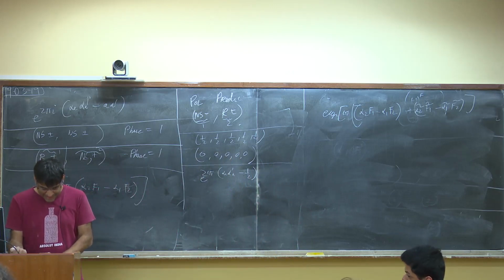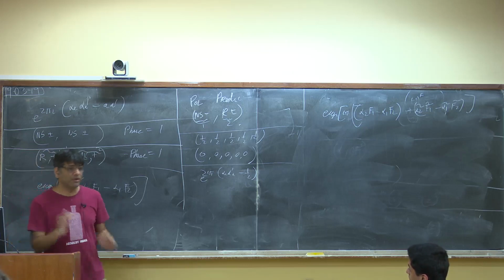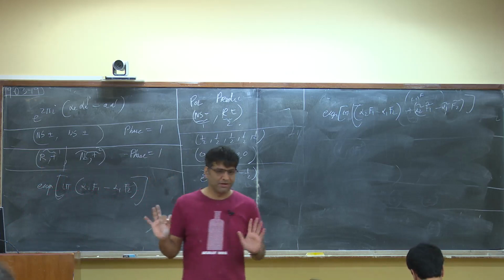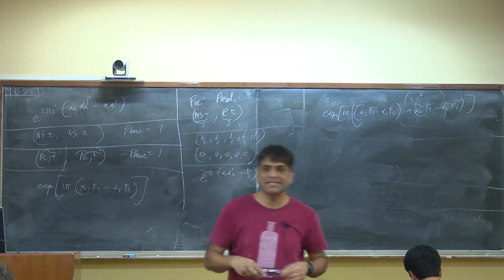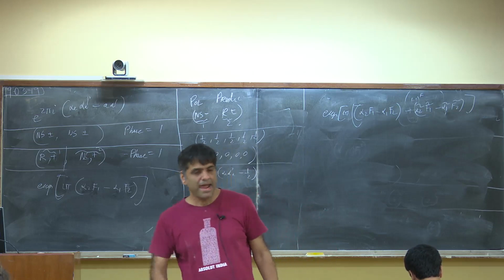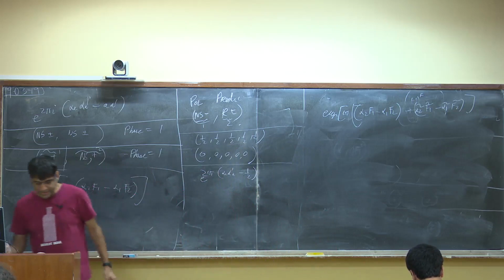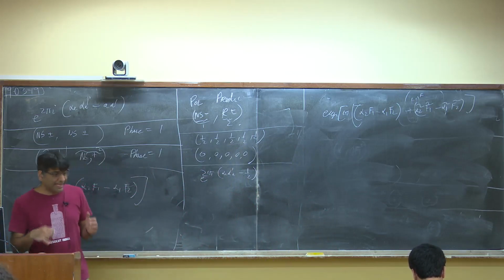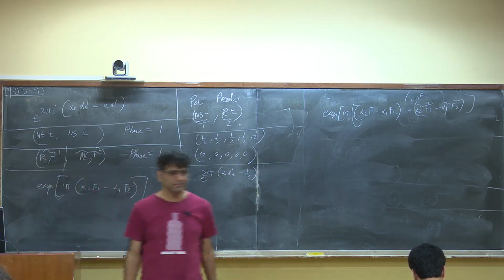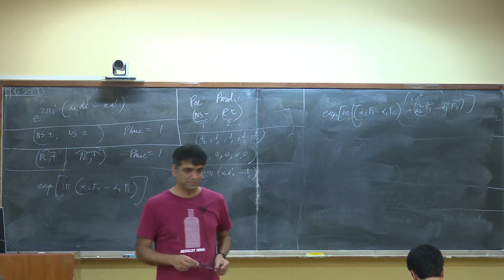There has to be at least one left-moving Ramond sector in every modular invariant partition function. Basically, it's impossible to build a modular invariant partition function without having at least one left-moving Ramond sector and at least one right-moving Ramond sector.